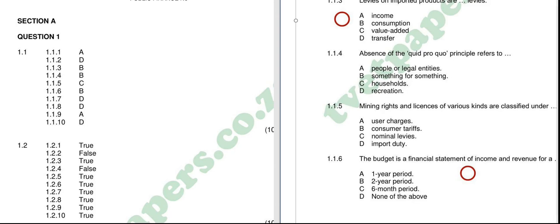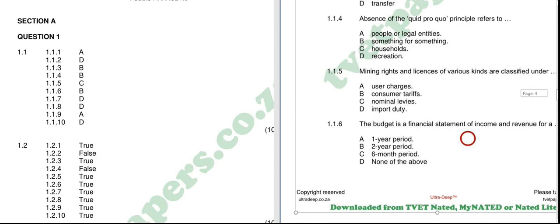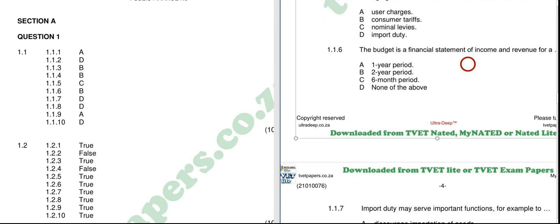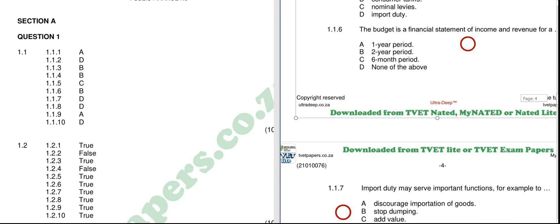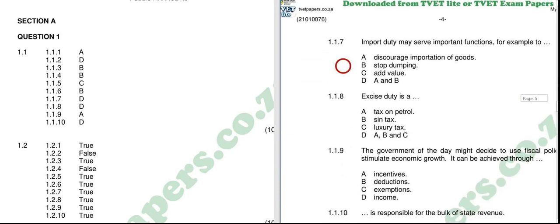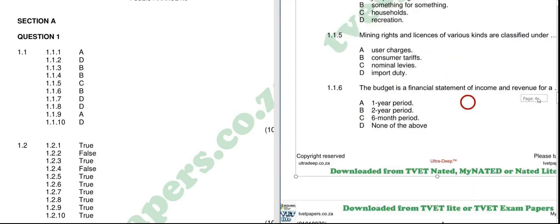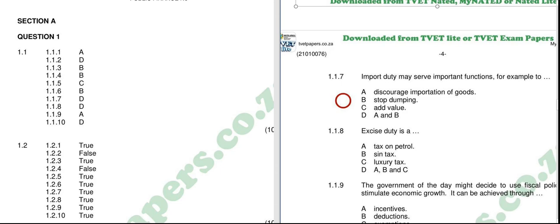So going down, number 6, the budget is a financial statement of income and revenue for a period, and B, a 2-year period, is the correct response. Of course I will move on to number 7, which is import duty may serve important functions, for example, and the answer is D. A and B are correct, which is we check in terms of our responses, whereby we have got A, discourage importation of goods, and we also have B, stop dumping.